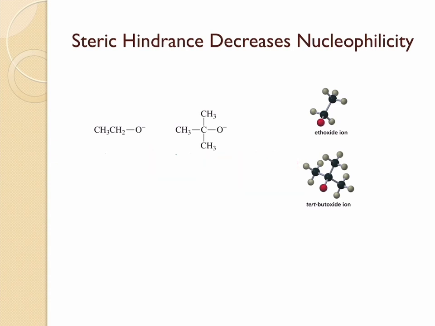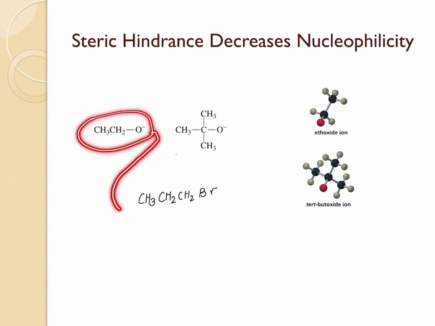Now, what is the reason behind it? Now, let's go back to our mechanism. What happens in an SN2 reaction? Let us say we want to do an SN2 reaction on this alkyl halide using these two nucleophiles. If we are going to use ethoxide ion as a nucleophile, then it may not have much problem in going and finding this carbon from the side that's opposite to that of the leaving group, because it has less steric hindrance, right?